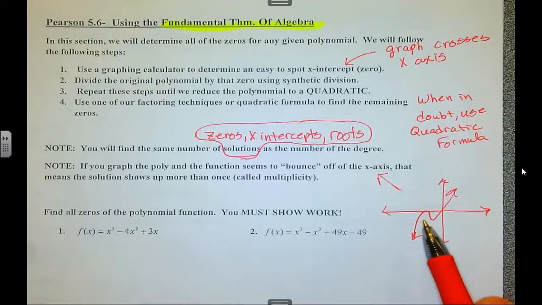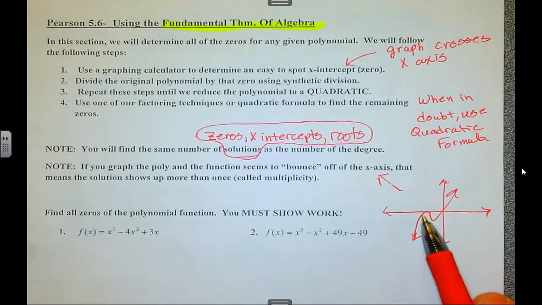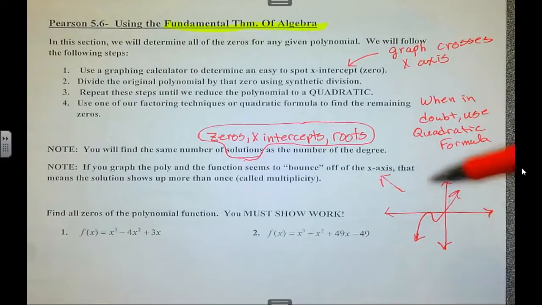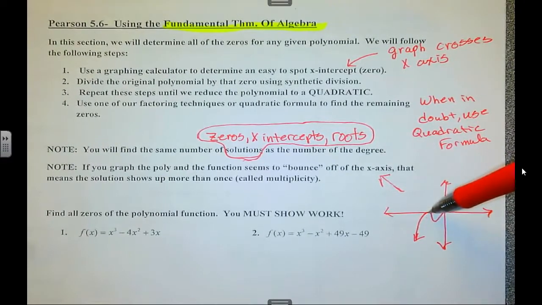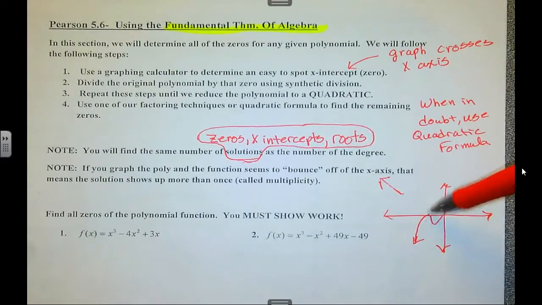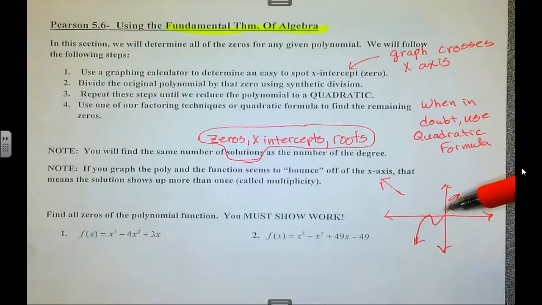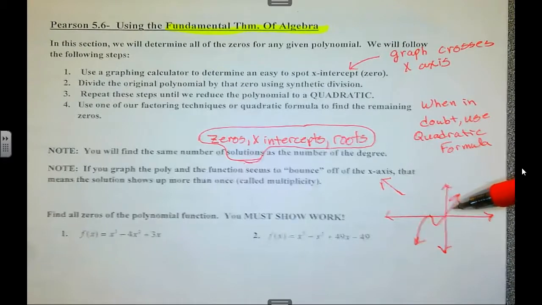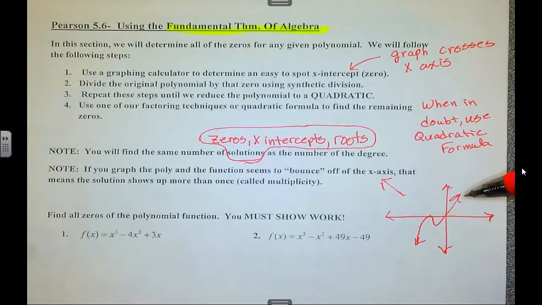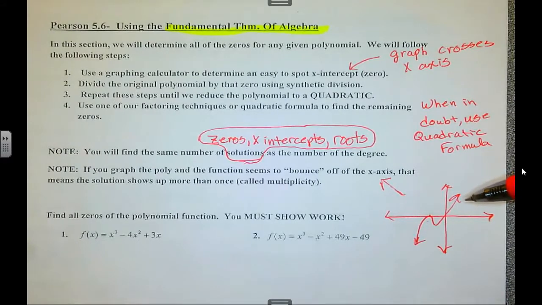That means it's a multiplicity. If there's two roots or two zeros there, it means it has a multiplicity of 2. If there's 3 times it crosses the x-axis, then it has a multiplicity of 3. So you have to be careful there.